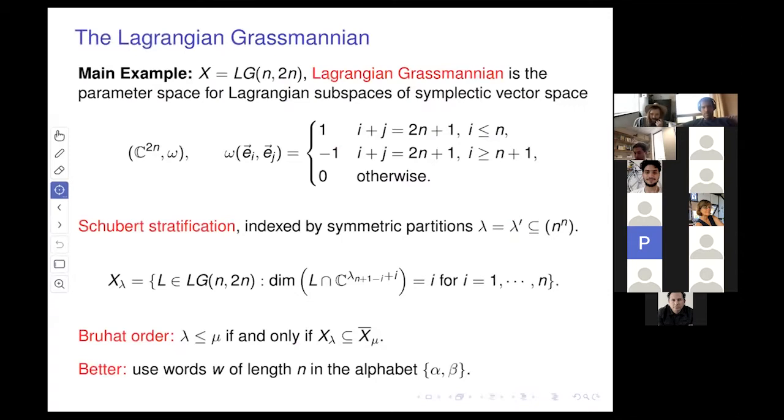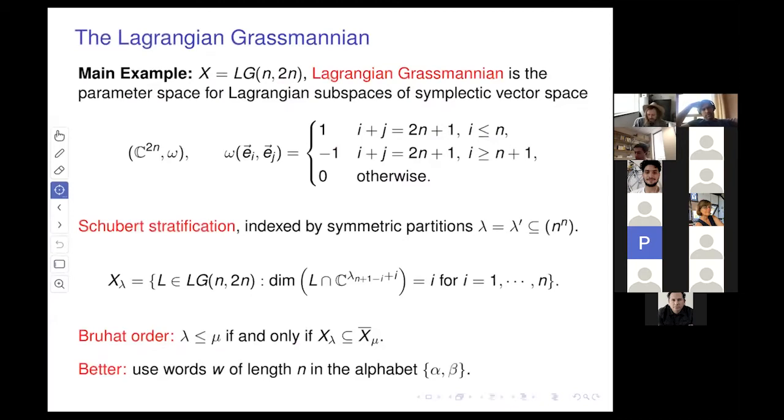Okay, so this is a well-known Schubert stratification for the Lagrangian Grassmannian. And there's, of course, the Bruhat order, which is defined in terms of the stratification, whether a stratum is contained in the closure of another. If this happens, we declare that lambda is smaller than or equal to mu.